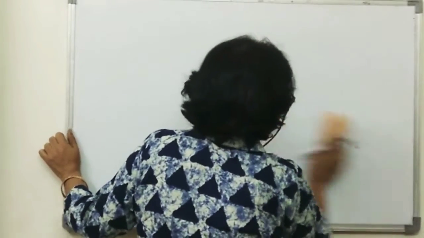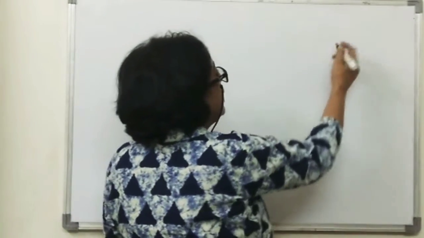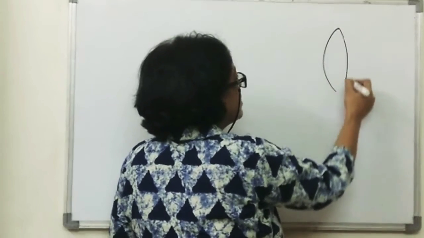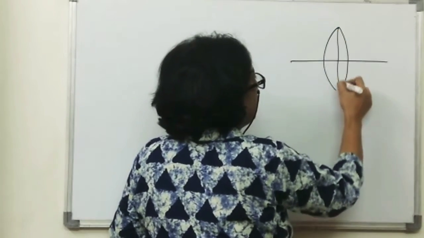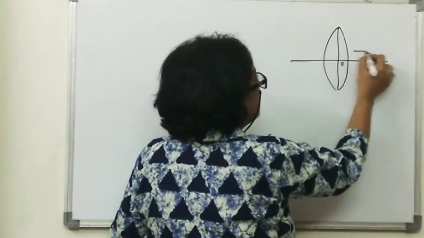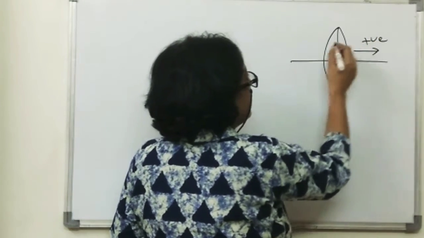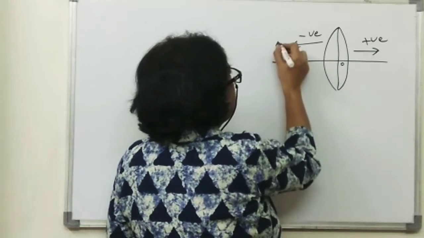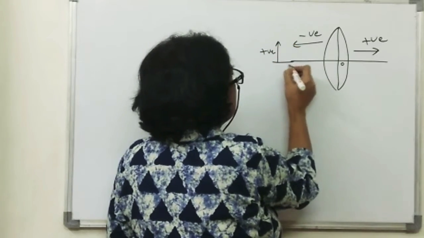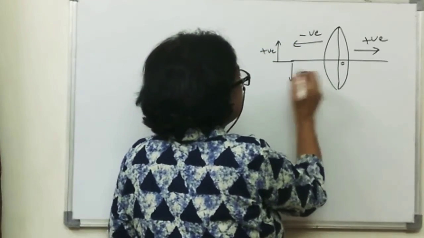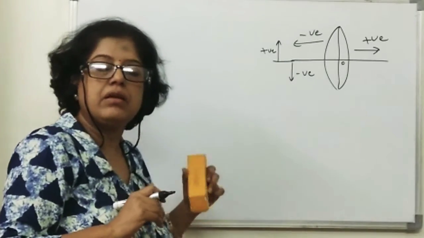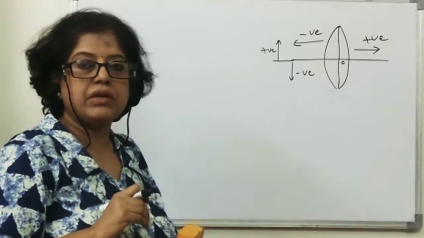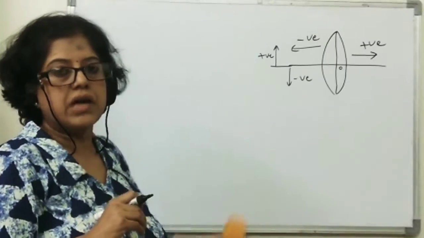If you want to remember the sign conventions, you can simply draw a diagram like this, and remember this is the optical center. This distance will be positive left to right, right to left will be negative, upward will be positive, and downward will be negative.